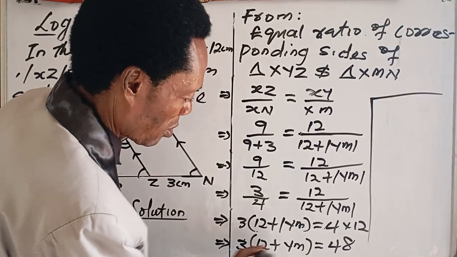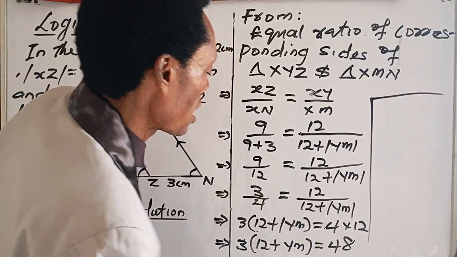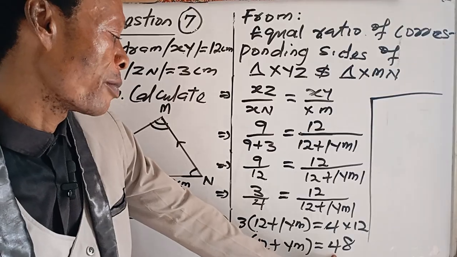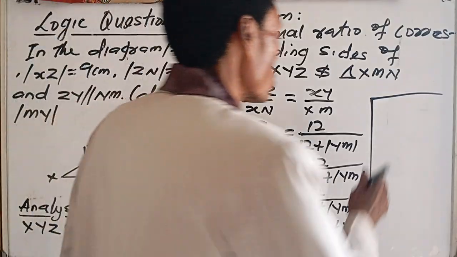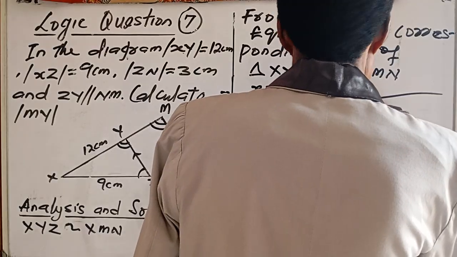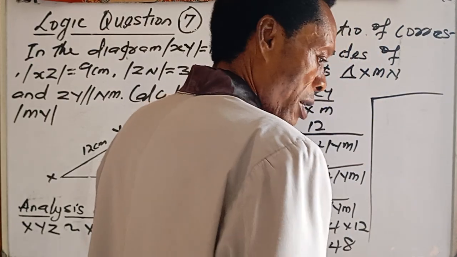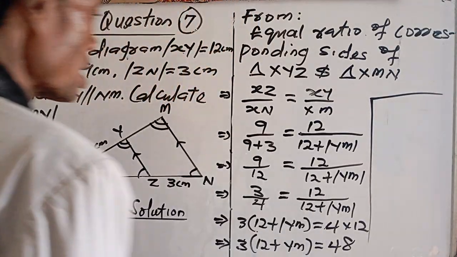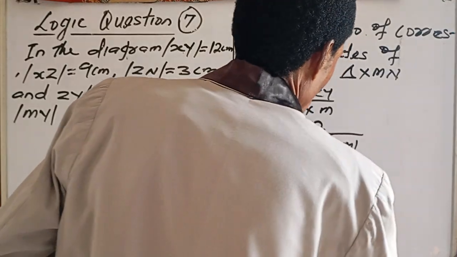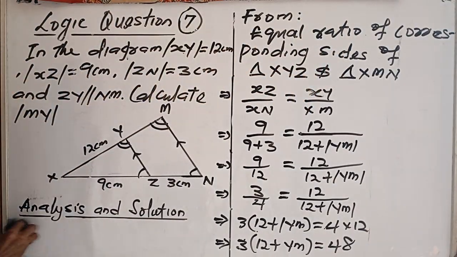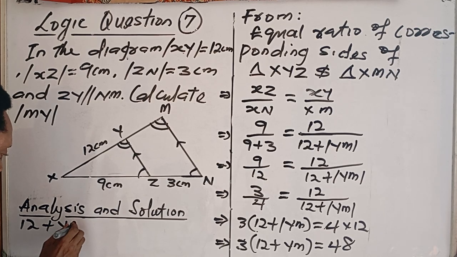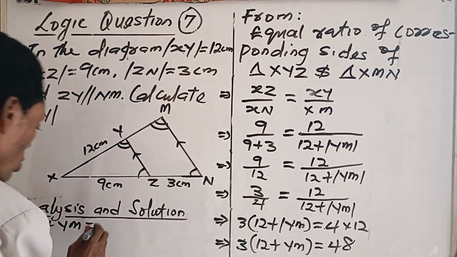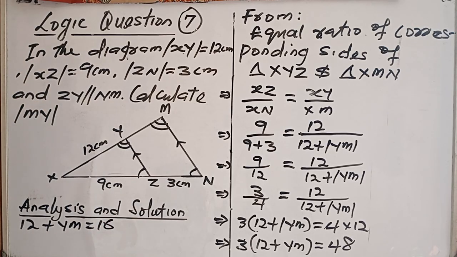If 3 cancels, you are left with 16. So we are now left with 12 plus YM equals 16.